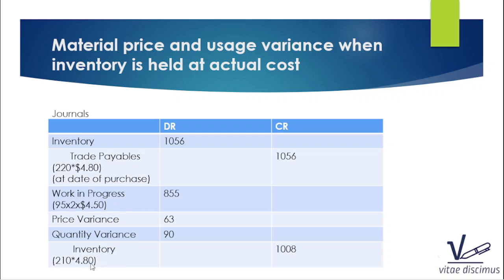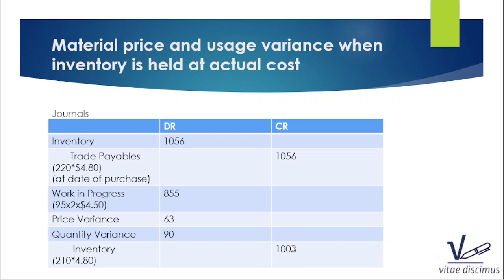However, because we are recording our inventory at actual cost, what we have actually allocated to production was 210 kilos at $4.80, which gives us 1008.